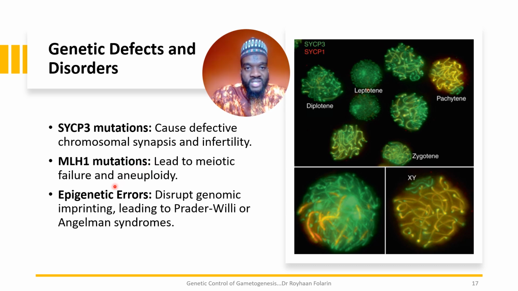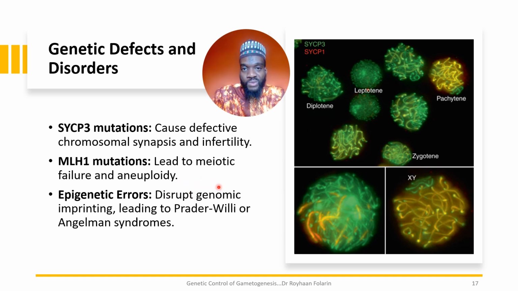We also have epigenetic errors, such as imprinting, where you have genes that are expressed in a parent-of-origin specific manner. All right. So imprinting is such an epigenetic error, and it can lead to significant developmental disorders.